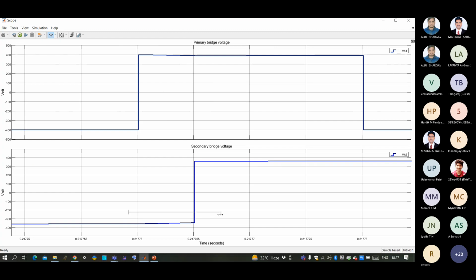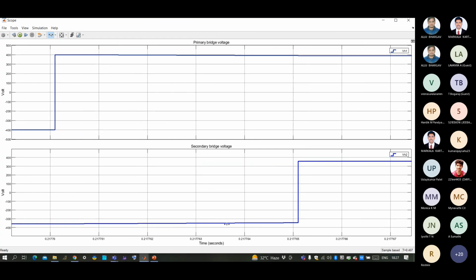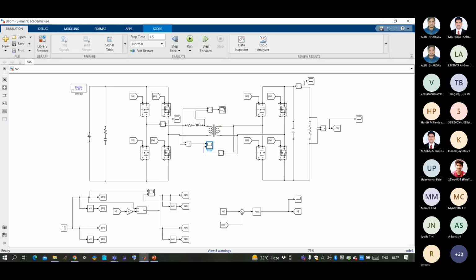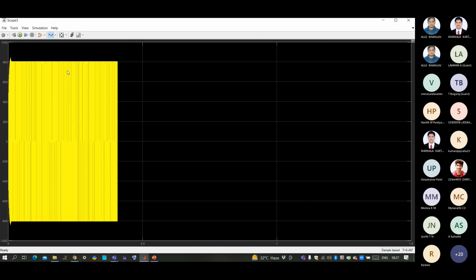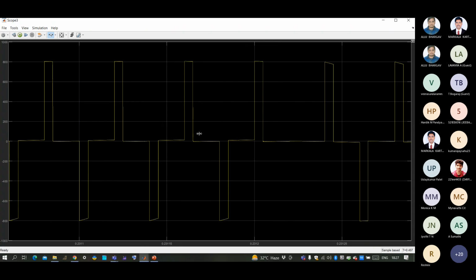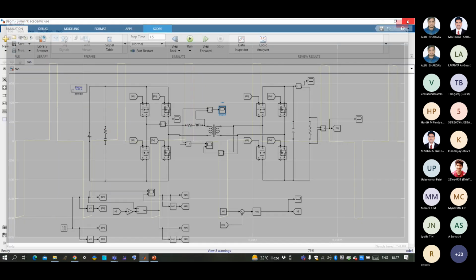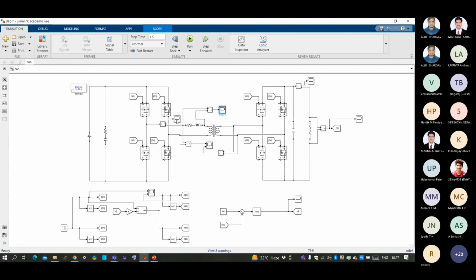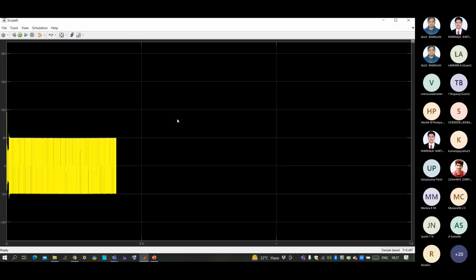Here we can see the phase shift between primary and secondary. Due to this phase shift, the power will flow from primary to secondary side. And here we can see the inductor voltage. And this is the inductor voltage. Here you can see the current of the inductor, the leakage inductor.